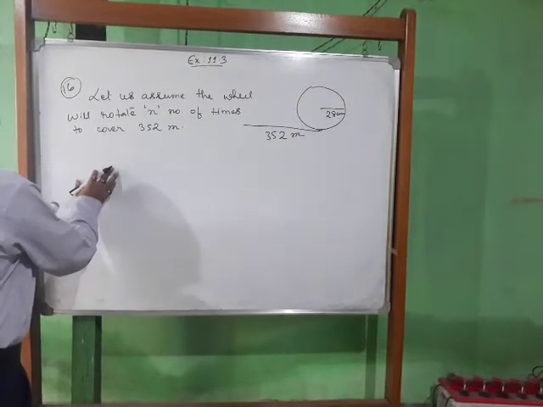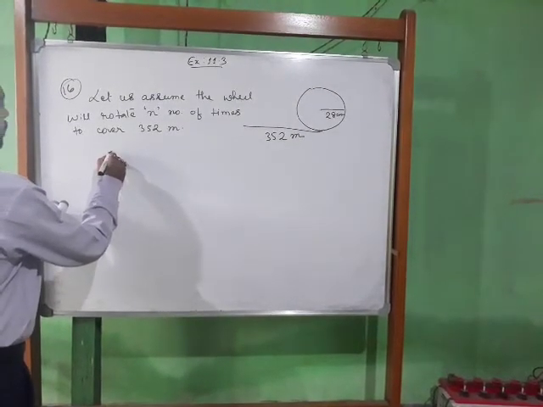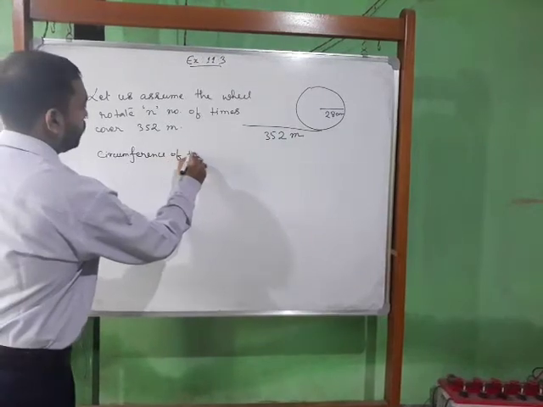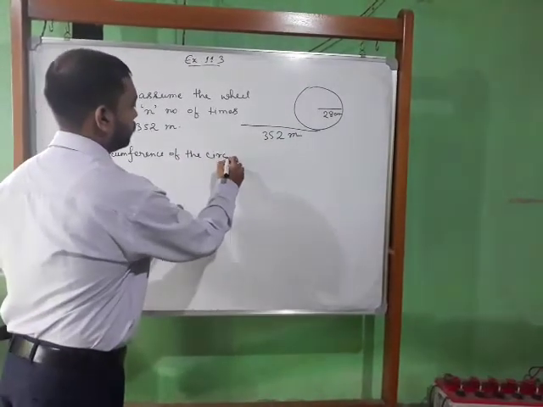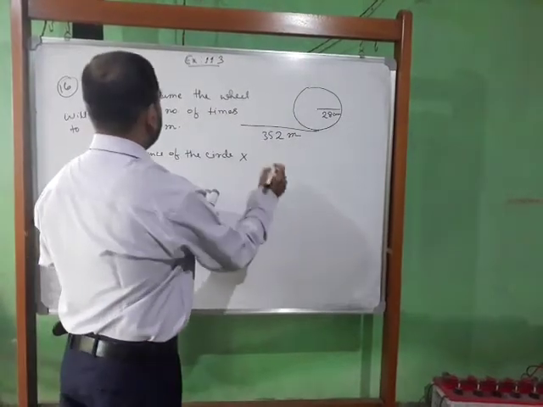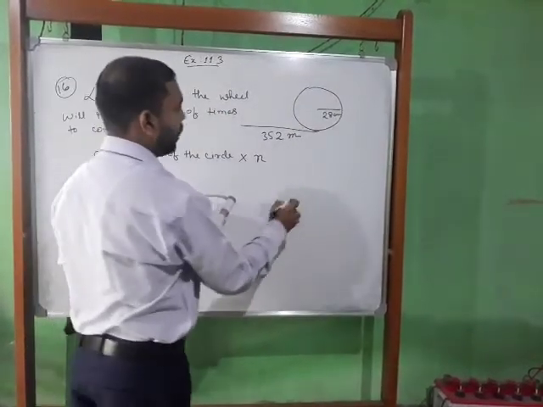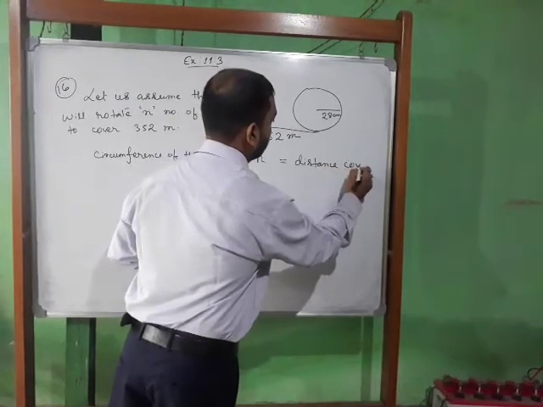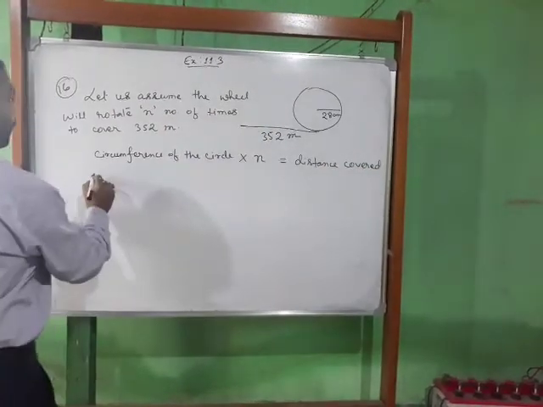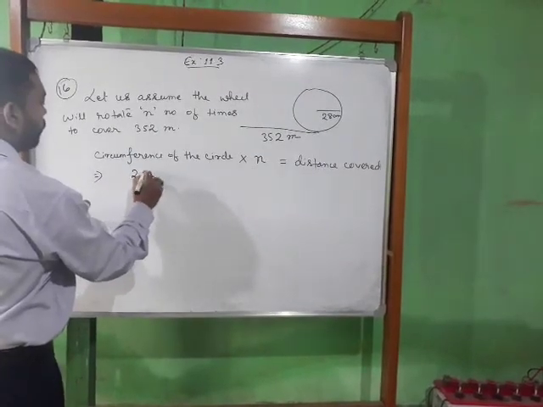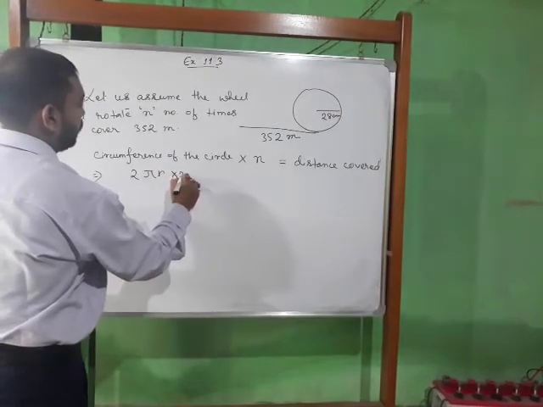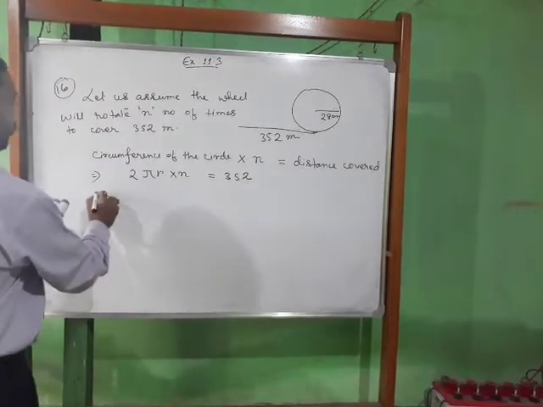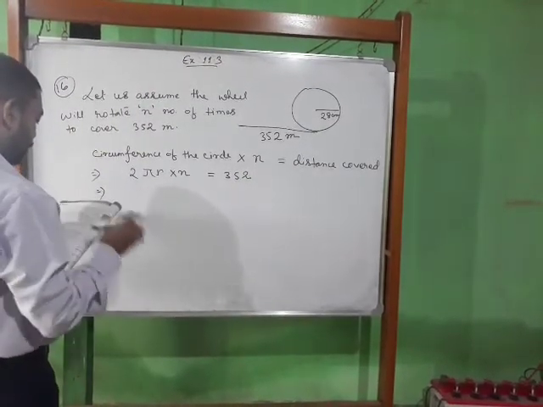So according to this question, circumference of the circle into n, where n is the number of rotations of this wheel, is equal to the distance covered. The circumference of the circle is 2 pi r, so 2 pi r into n is equal to the distance covered, which is 352. The value of pi is already mentioned in the question as 3.14.